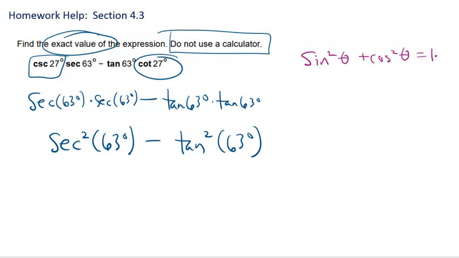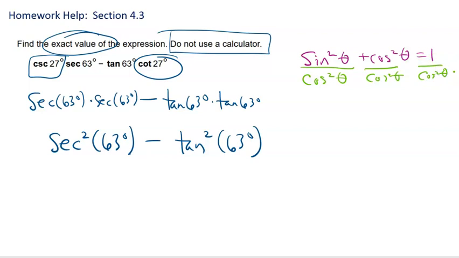Then I transform it. I want a tangent, and the only way I'm going to have a tangent is if I have a sine over cosine. So remember the trick: if you can divide each of these by the same thing, you'll probably get another identity. So I divide each of these by cosine squared.